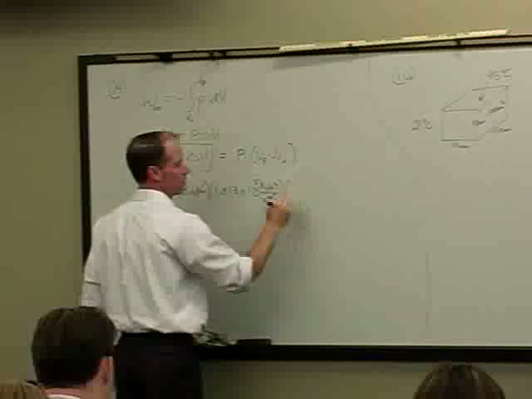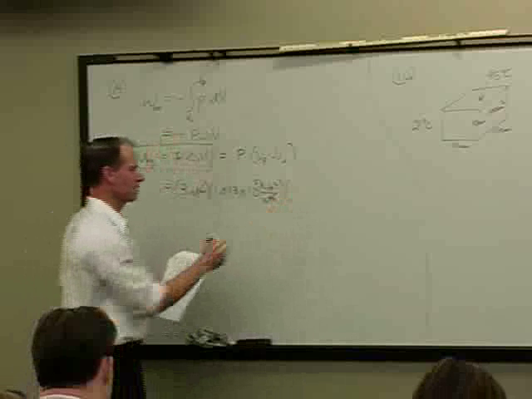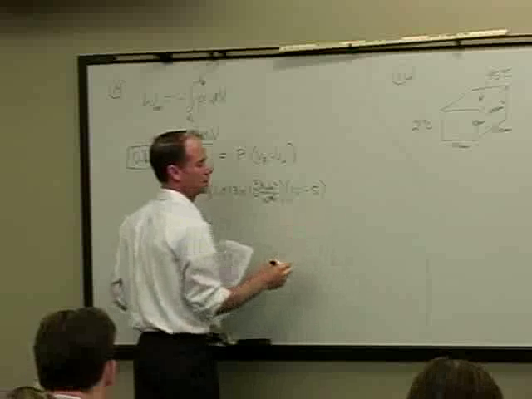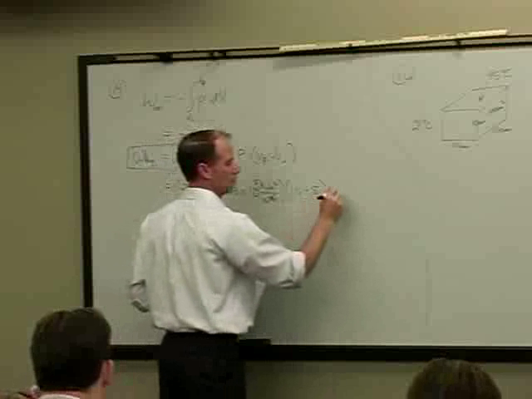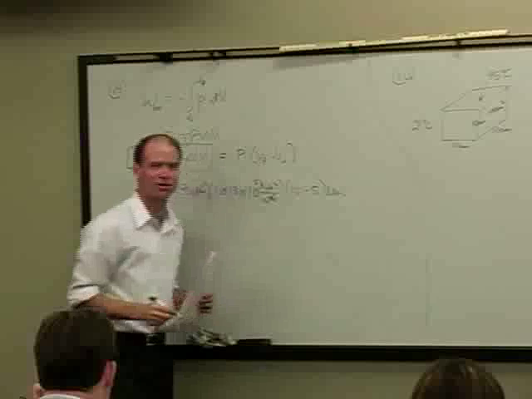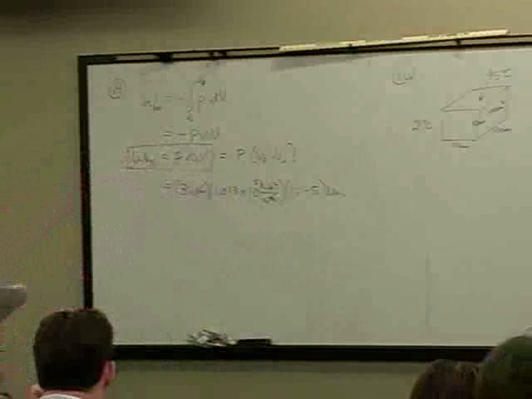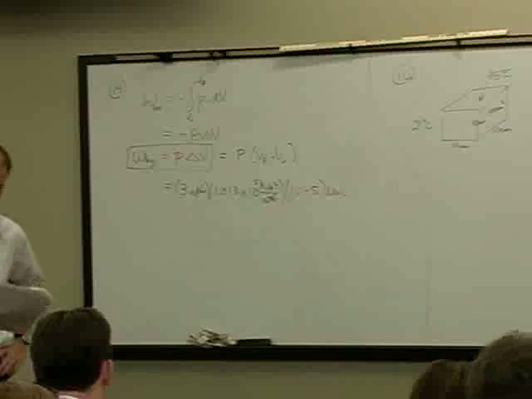Over here, we've got final volume of 10 liters minus initial volume of 5 liters. I want to make a conversion of liters to cubic meters. What is that conversion?